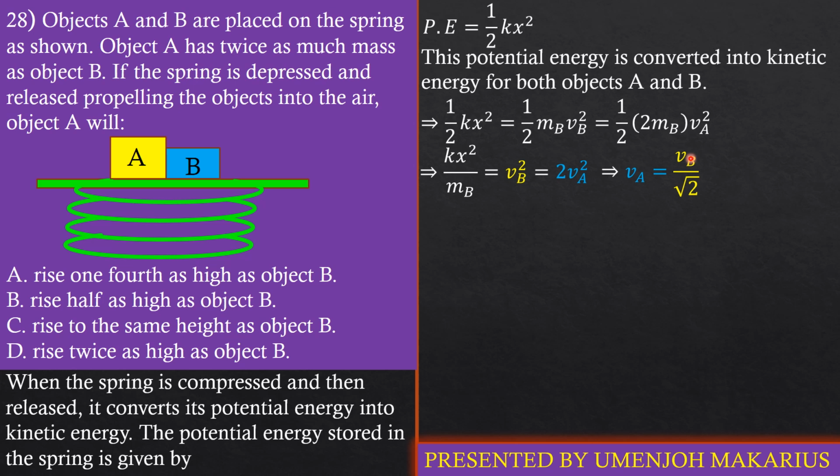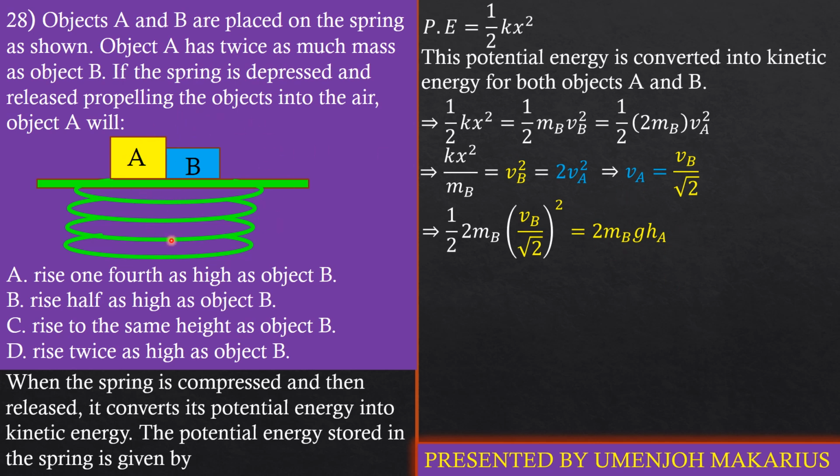The kinetic energy of block A now becomes 1/2 times the mass of A, which is 2 mB, times the velocity of A, vB over root 2, squared, which is equal to 2 mB g hA, the potential energy the block attains.